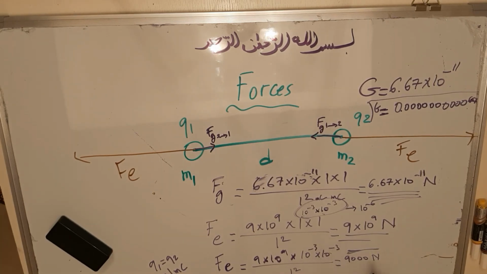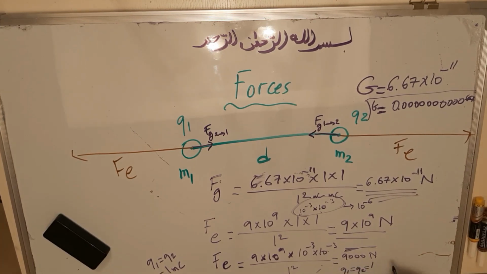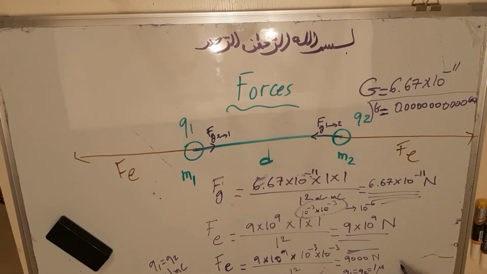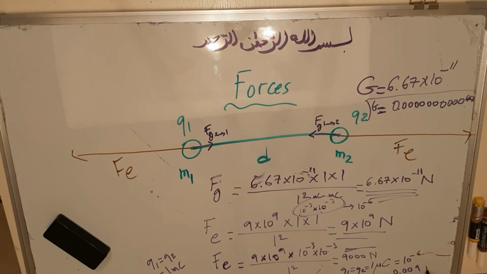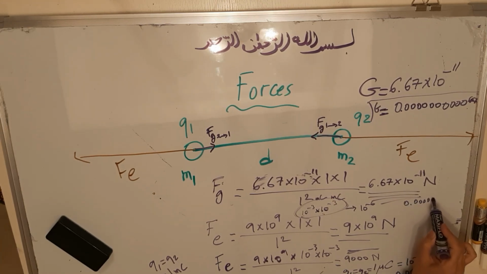Okay, let's try it with microcoulomb now. Let's say Q1 equals Q2 equals 1 microcoulomb. This is the sign of micro, a Greek letter, and micro is 10 to the negative 6. So you've got 10 to the negative 6 times 10 to the negative 6, that is 10 to the negative 12, with 10 to the 9, so it's still going to give you 0.009 Newton, which is way bigger than 0.000000.